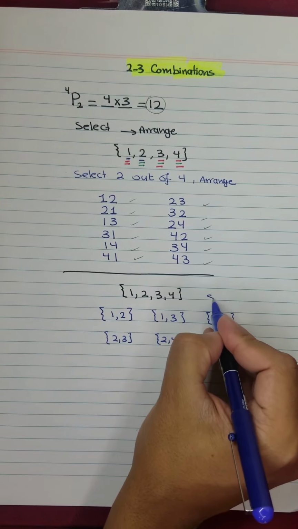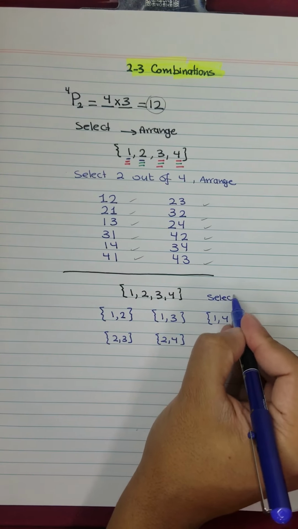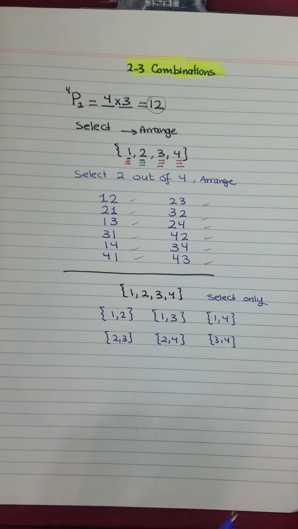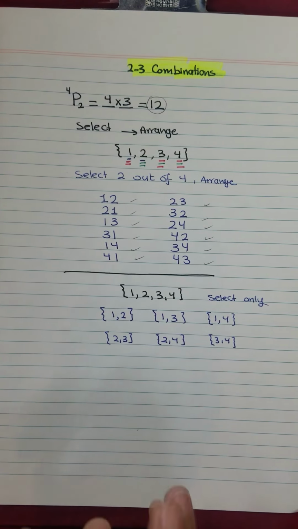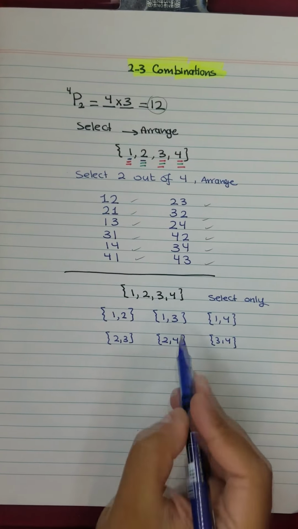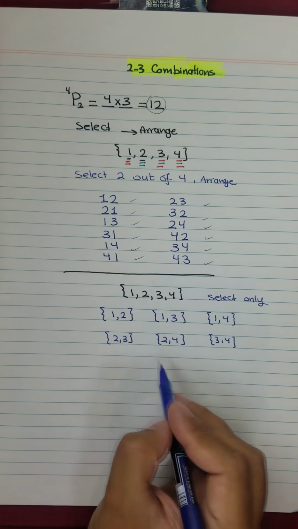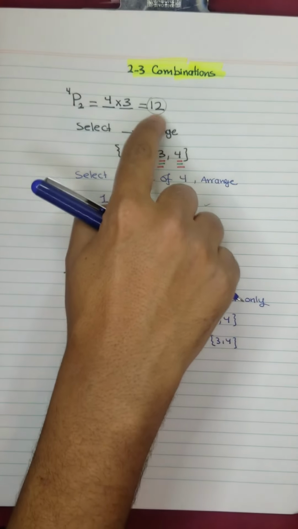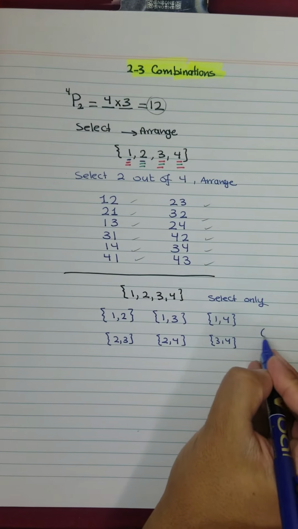So here we want to select only. We don't want to arrange. We just want to select 2 numbers. So if you want to select 2 numbers from these, you can get either 1, 2, 1, 3, 1, 4, 2, 3, 2, 4, or 3, 4. And the number this time is down from 12 to 6 only.